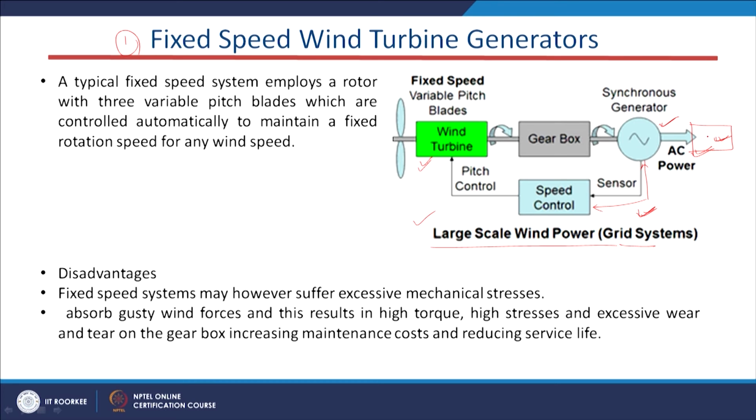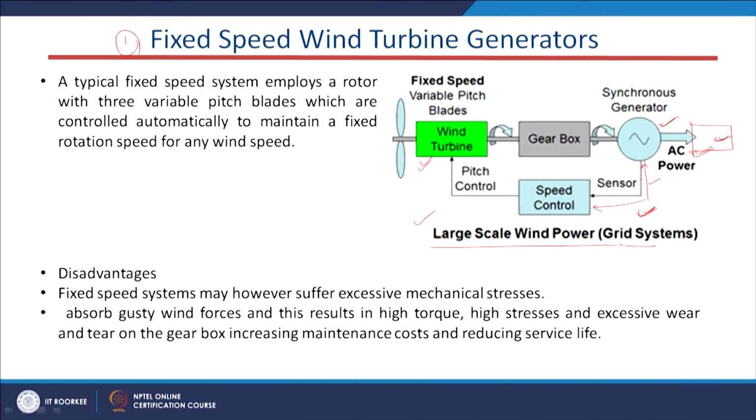It is very intermittent, so obviously we may not get the same amount of power at every time, or sometimes there is no wind, so there is no power generation. In that case, the control of this system using sensors which sense the speed of the machine is very challenging.